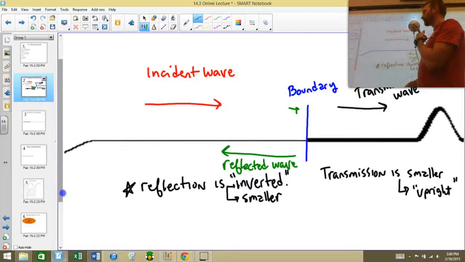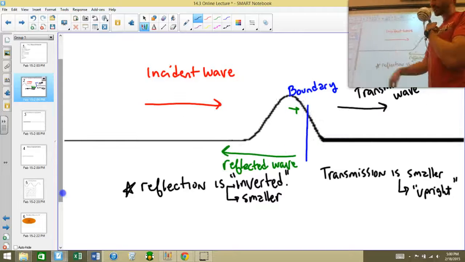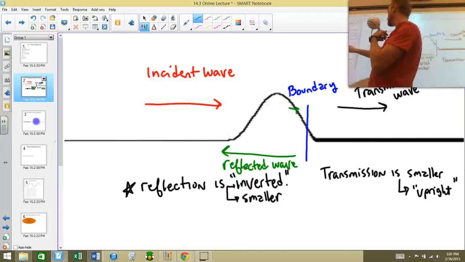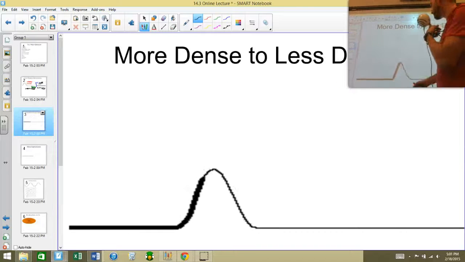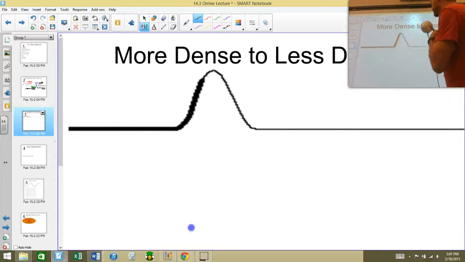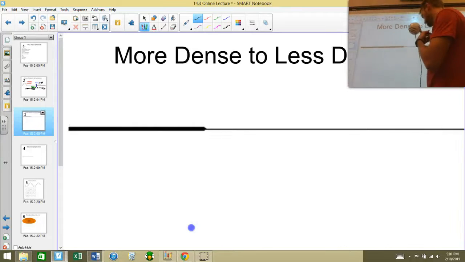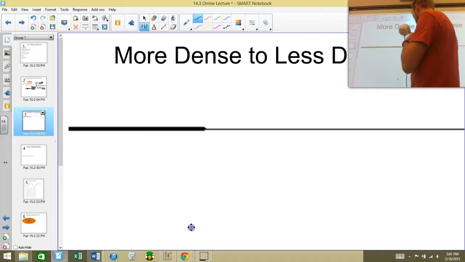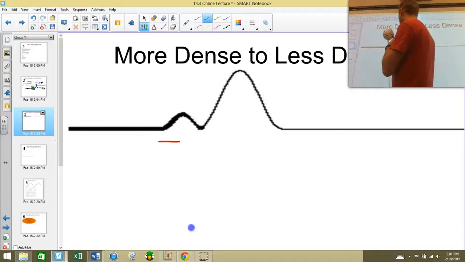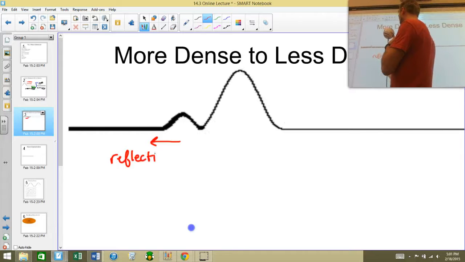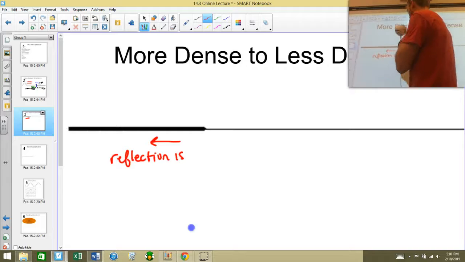Next, we're going to look at when a wave meets a less dense boundary. See if you can see the similarities and the differences when I go to this one. When you're going from more dense to less dense, the first thing you're going to notice is the reflection is upright.